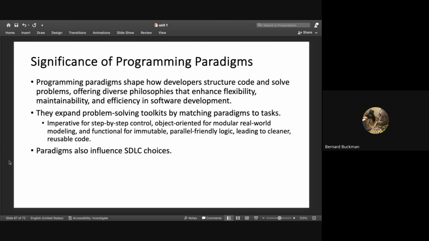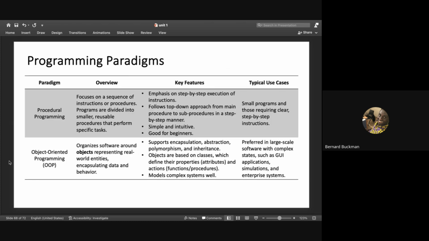Building a small software will be entirely different from building a large software. So programming paradigms influence the style, design or approach that we use to design the software system. Now, there are several of them.